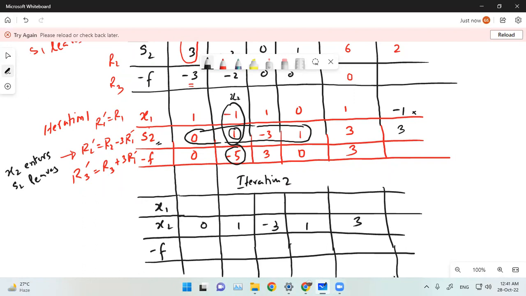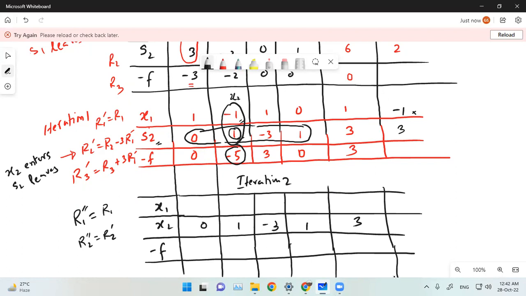Okay, so next, R1 double prime will be, so your R2 double prime is basically nothing but R2 prime. So now here what you have to do is, this is 1 and this is -1. So if you just add those two, then it will be good.